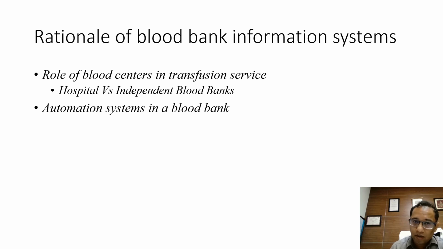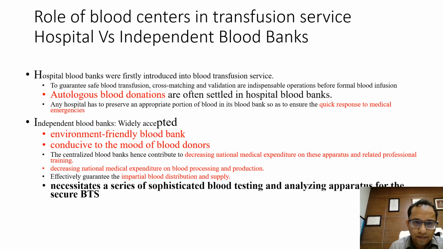So what is the rationale for blood bank information system? It clearly says the role of blood centers and automation system in the blood bank. Hospital-based blood banks we know generally have the autologous blood donation provisions. Any hospital has to preserve an appropriate portion of the blood bank, so quick response is better. Whereas the independent blood banks are widely accepted.